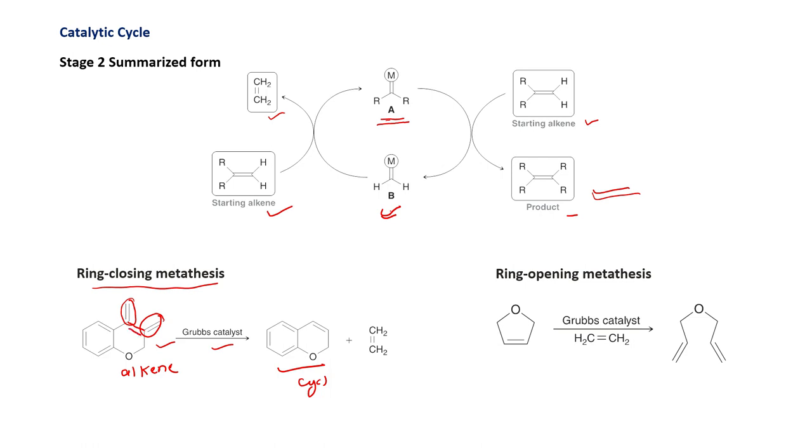And when I ask you to open this ring using Grubbs catalyst in the presence of ethylene, you have to break your bond here and create this double bond and this double bond. In ring closing metathesis, in RCM, this alkene will combine to give you this product.